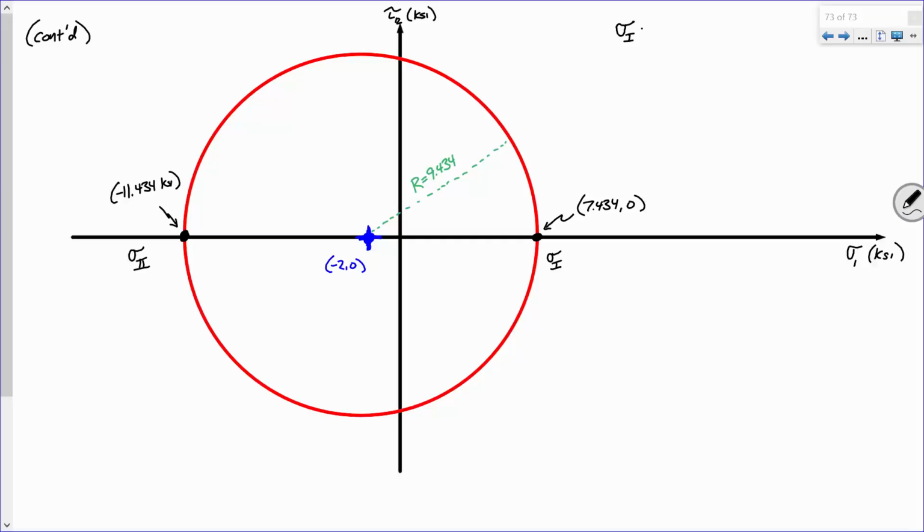Sigma 1 is 7.434 KSI. Sigma 2 is minus 11.434 KSI. And tau max, which is right here, is just the radius, which is 9.434 KSI.